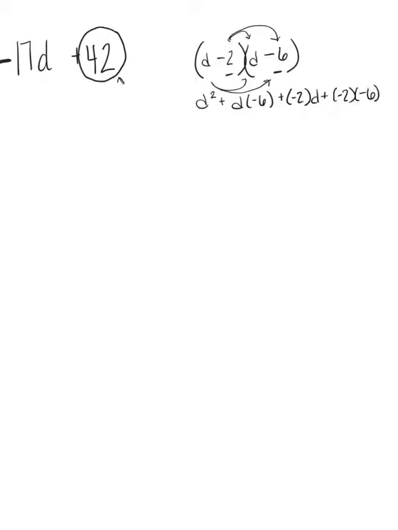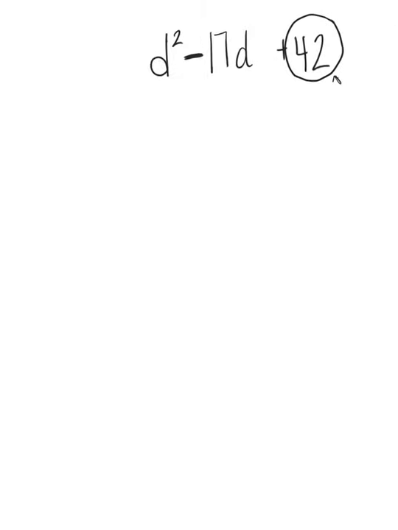And in this situation, you're going to get d squared minus 6d minus 2d plus 12. When your last term is positive and your middle term is negative, it indicates that both of these guys are negative. So just to review, negative, positive means negative, negative in here.